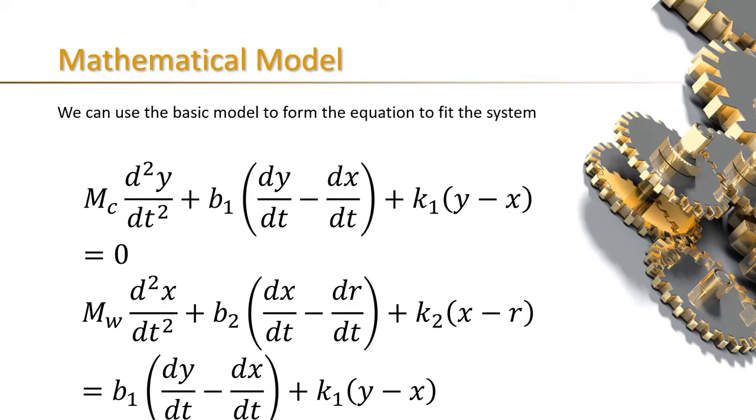As you can see, Mc is the mass of the motorcycle, B1 being the first damper, as we saw in the previous slide, and K1 being the first spring, and then Mw being the mass of the wheel, plus B2, which is the damper between the mass of the wheel and the road profile, and K2 being more than likely very, very small.